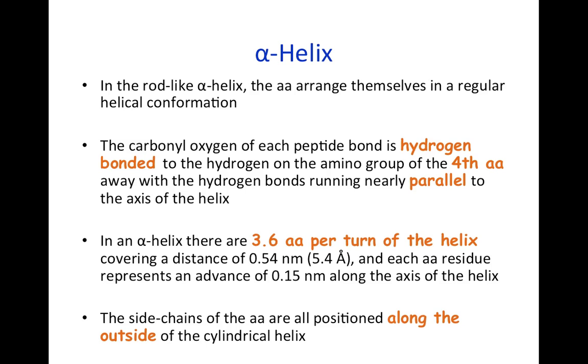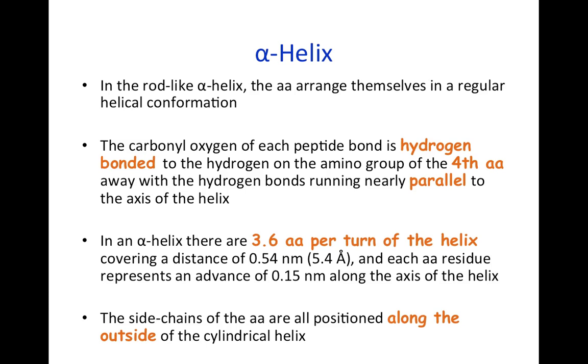In the rod-like alpha helix, the amino acids arrange themselves in a regular helical conformation. The carbonyl oxygen of each peptide bond is hydrogen bonded to the hydrogen on the amino group of the 4th amino acid, with the hydrogen bonds running nearly parallel to the axis of the helix.